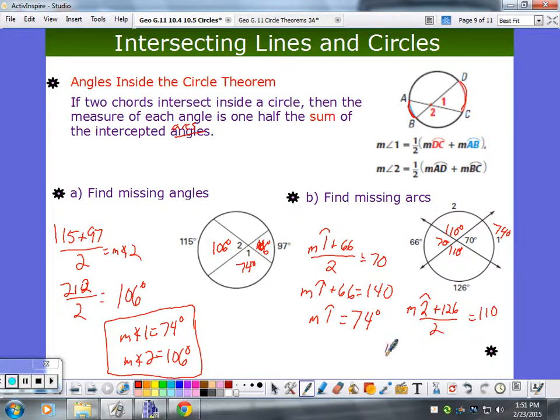So the measure of arc 2 plus 126 is 220. And then I'm going to subtract that thing right there. Measure of arc 2 is 220 minus 126. I hope that's 94 degrees. Is that right? I think so. You'll tell me if I'm wrong, right?